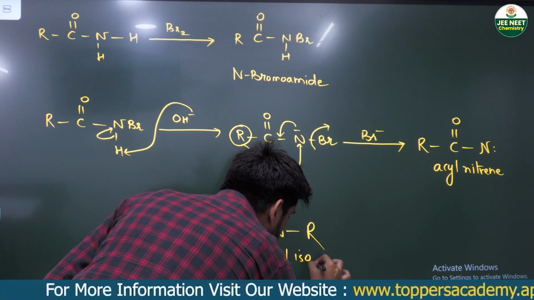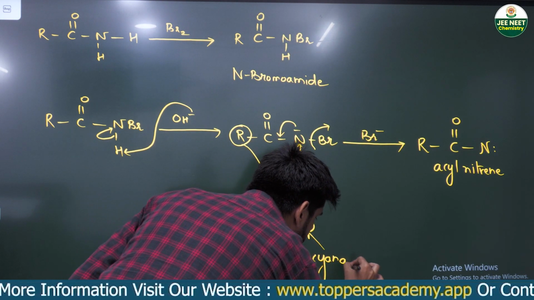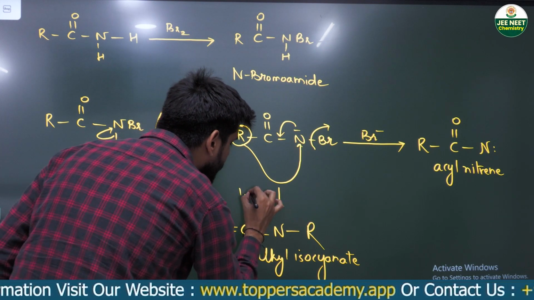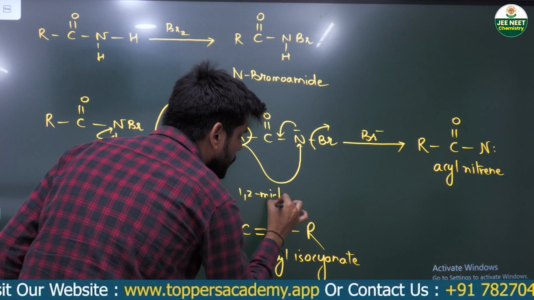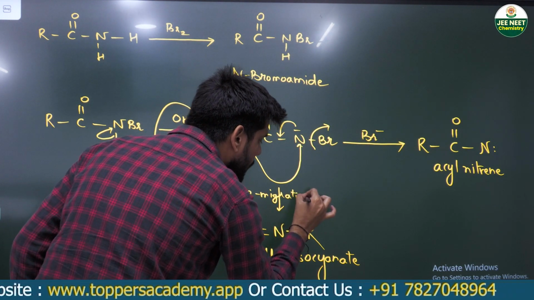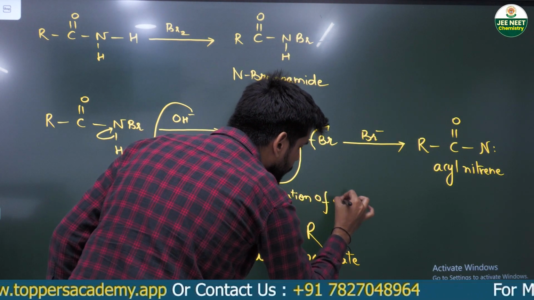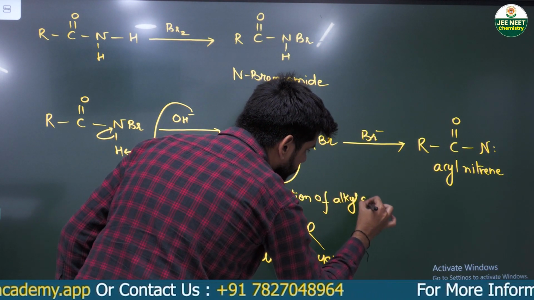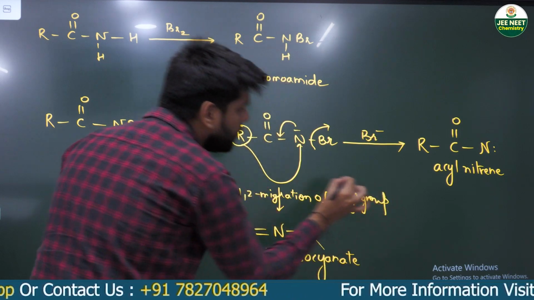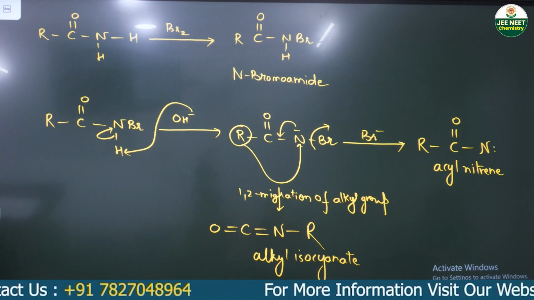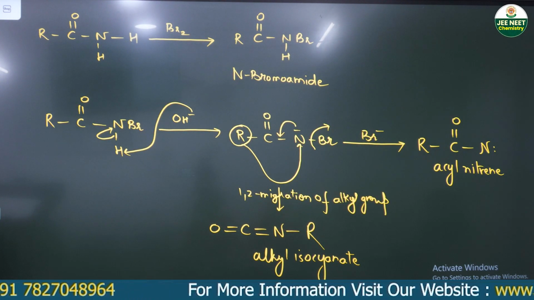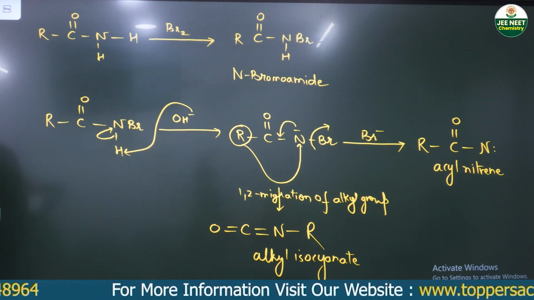Tell me if this is clear. So basically there is a 1,2 migration of this alkyl group. Any problem? Is that clear to everyone?